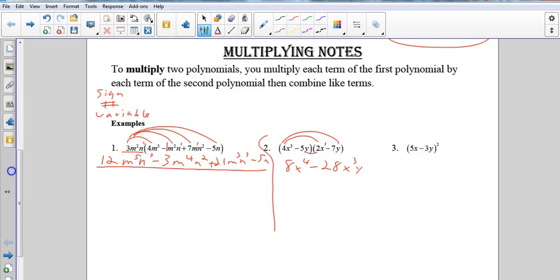Now we're going to take negative 5y and send it in. Negative 10 xy and plus 35, negative 5 times negative 7, y squared. So once again, in this case, we have nothing that we can add together, no like terms. That's our final answer.